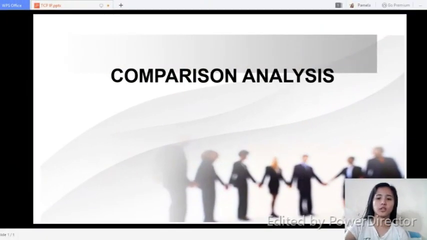So, comparison analysis. So, comparison is point in time versus retrospective security. A cyber landscape constantly changes and protection needs to change along with it.